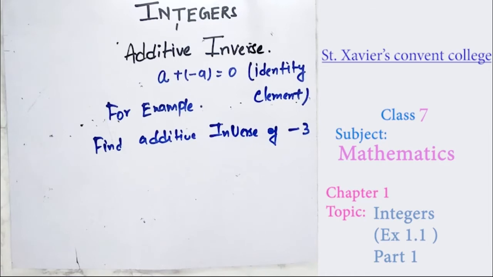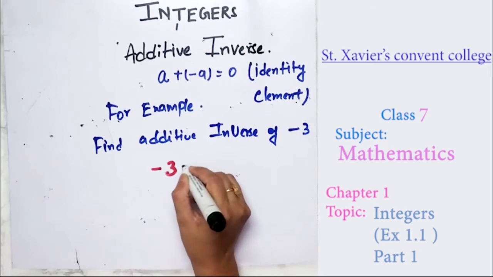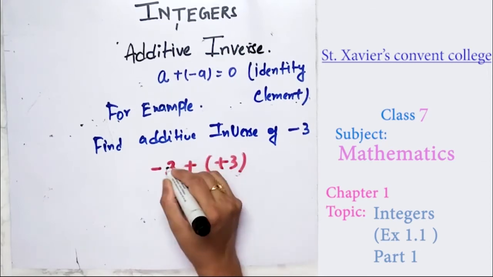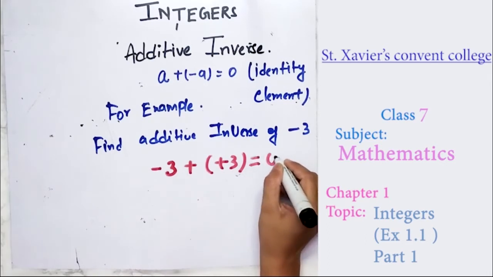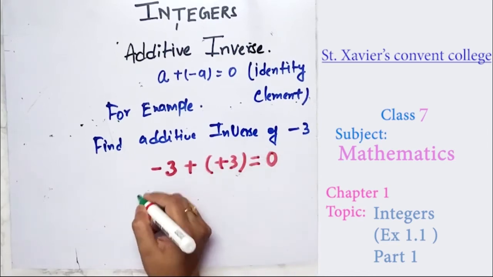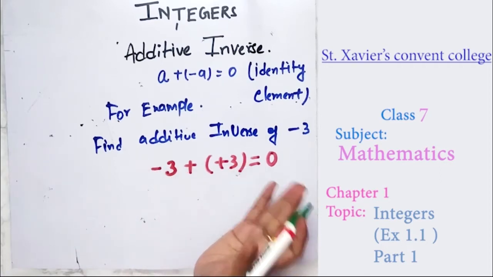So what you have to do is find out the additive inverse. So minus 3 has the additive inverse plus 3, because if it gets added over here, you will get 0. This is the way you are going to find out the additive inverse. In a simple example, any number given to you, you will add with its opposite sign.